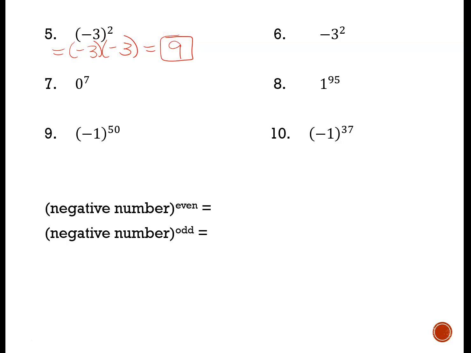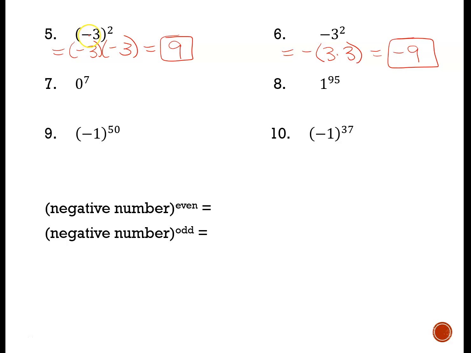But on number 6, when there's no parentheses, I just keep the negative out front. I'm going to put the parentheses here just to separate that negative. It's on its own. And then I do the 3 squared. And I'm going to keep that negative out in the front. And I do 3 times 3 is 9. So my answer is -9.